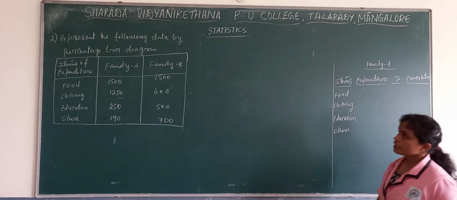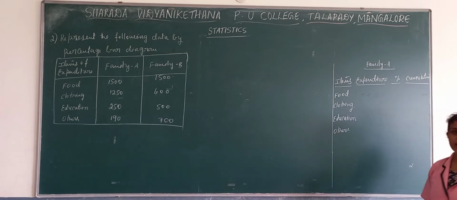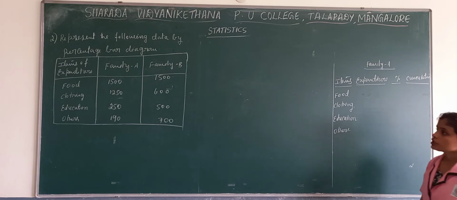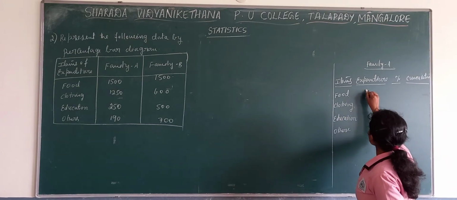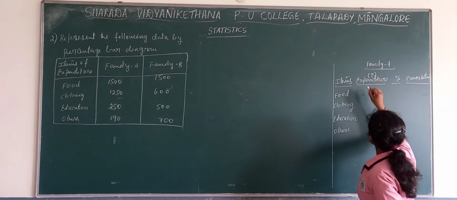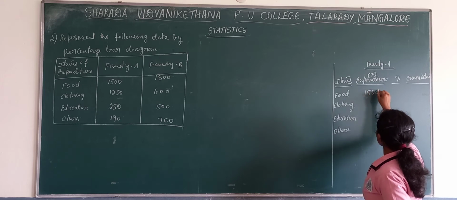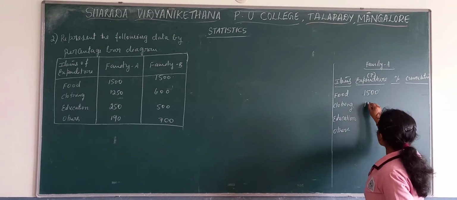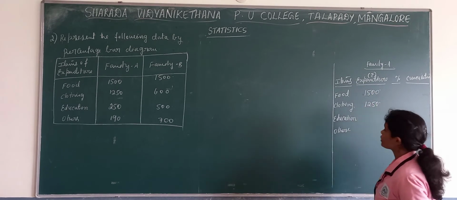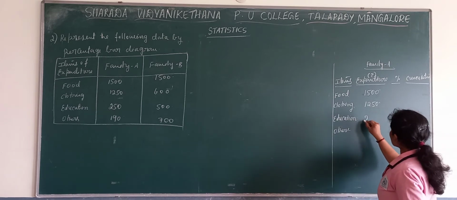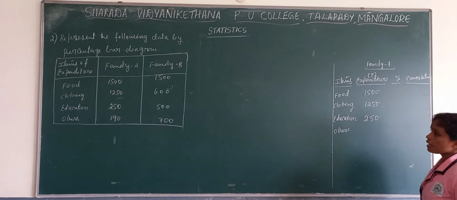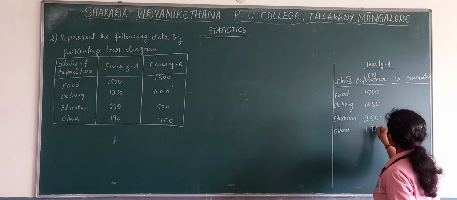Now write the expenditures of family A on different items, in rupees: on food 1500, then 1250, then 250, and the last one 190.